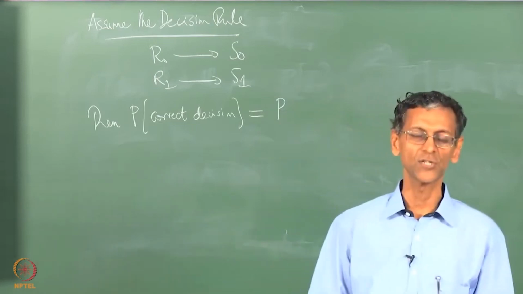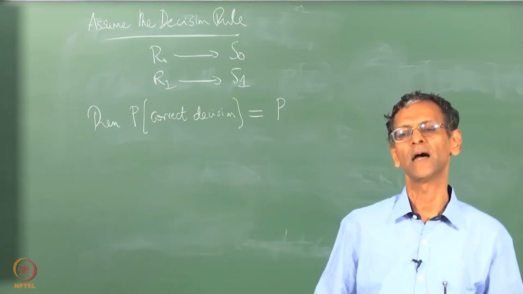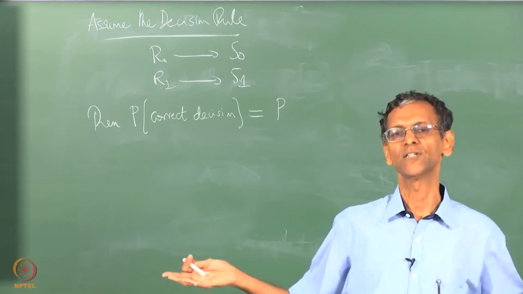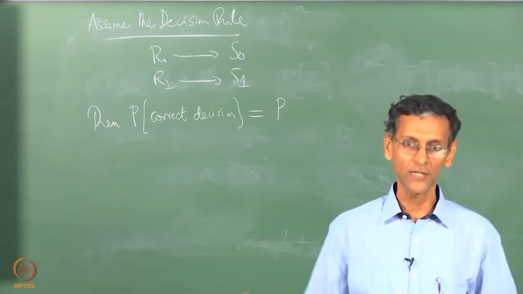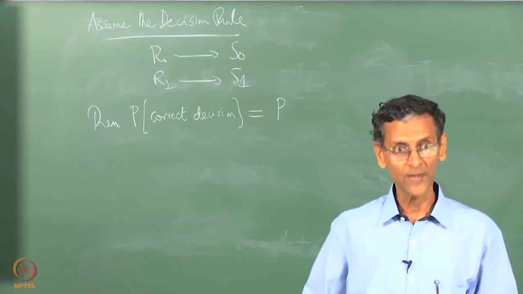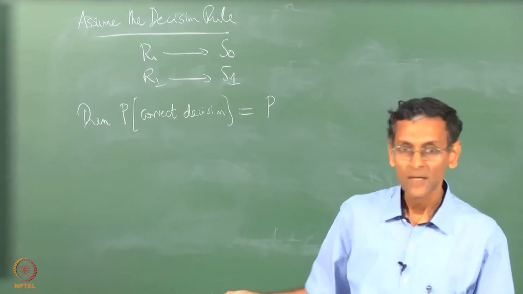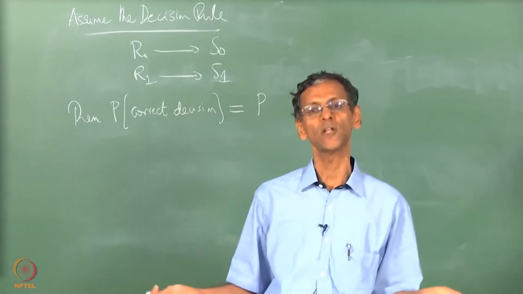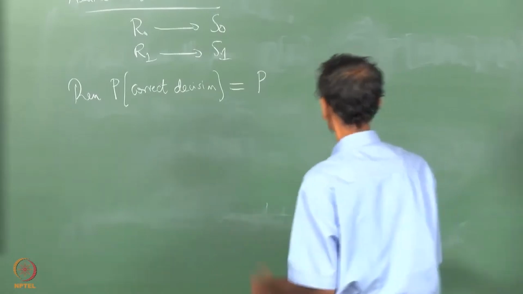When do you get a correct decision? If the system was in S naught and you saw R naught, you made a correct decision. Supposing the system was in S naught and you saw R1, then you made a wrong decision. So what is the probability of correct decision? Making a correct decision is obviously also an event. So how do you write this out?